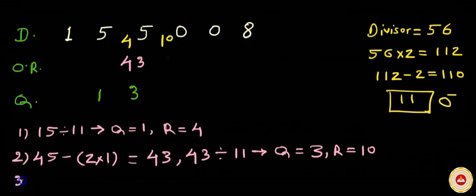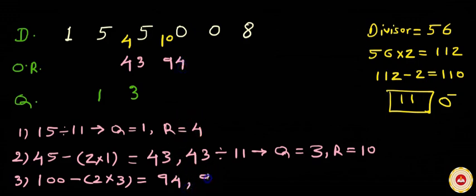Third step: now consider this as 100. Read this as 100 minus 2 times your last quotient digit, which gives us 100 minus 6, 2 3s are 6, that means 94. This 94 is the second osculation number. Now let us divide this 94 by 11, which gives us quotient 8, 11 8s are 88.